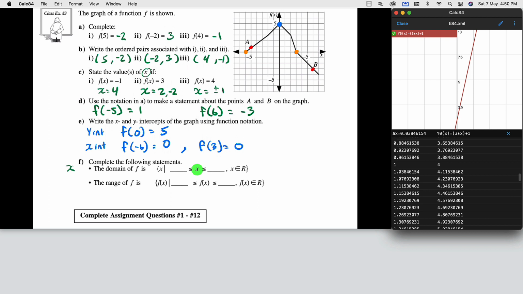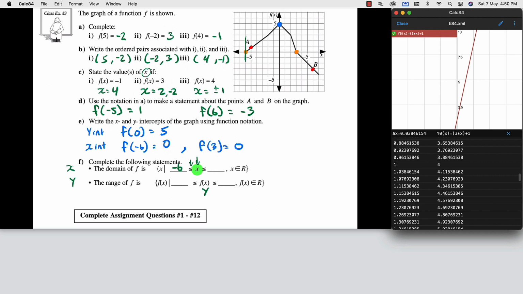The range is the values of y, the possible values of y. Now they're using f of x here, but remember we know that f of x is the same thing as y. So the way we read this is we say x is such that the x right here, now if we look at that symbol to the left of it, it's saying x is greater than or equal to, and it's this point right here, which is negative 6.